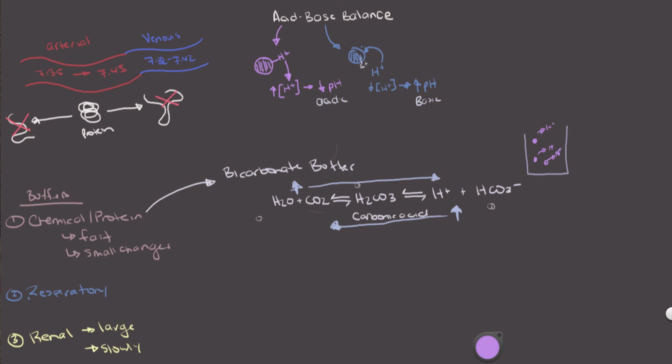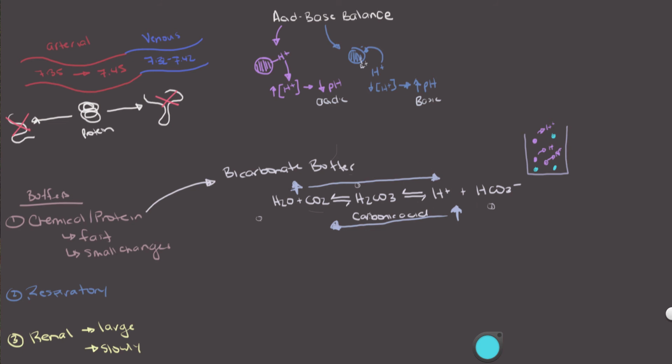And then we have bicarbonate that's living in here as well. So we've got bicarb floating in this solution. Now, according to this equation, if we start to see an increase in hydrogen ion concentration, we should start seeing a combination of this bicarbonate with hydrogen ions and shift this equation to the left.